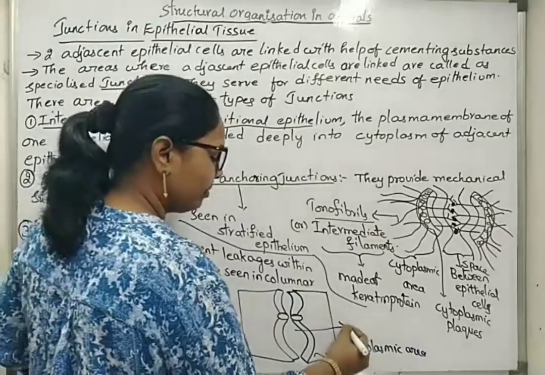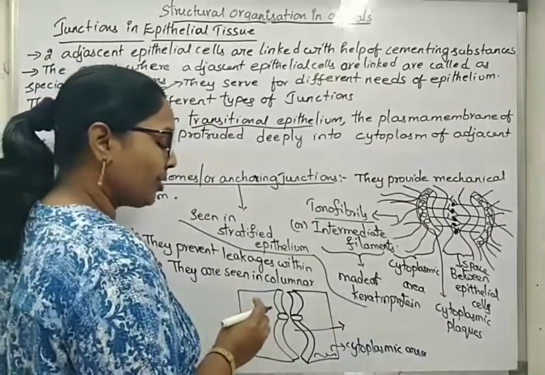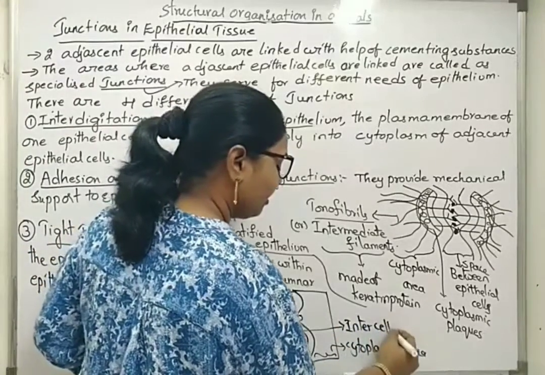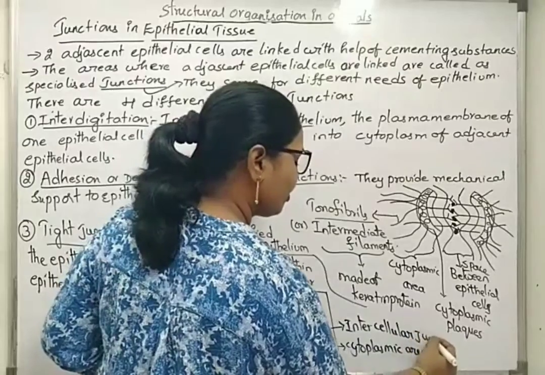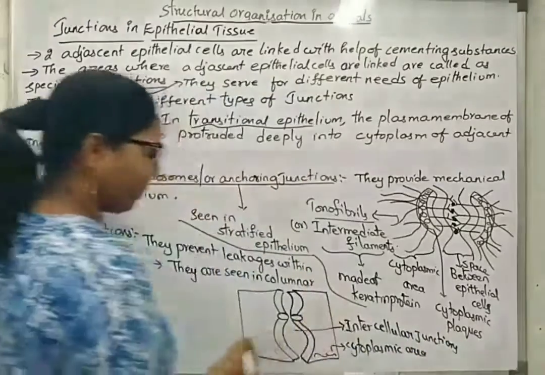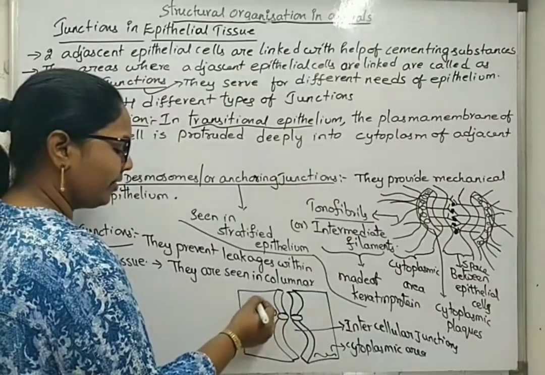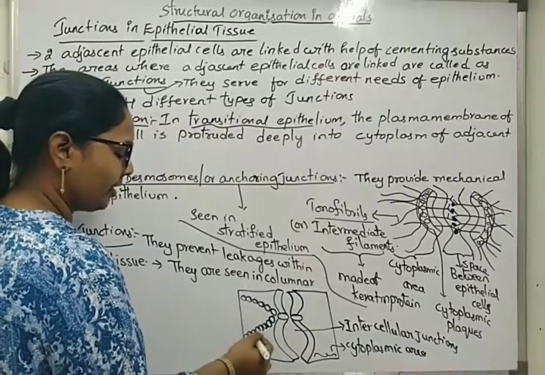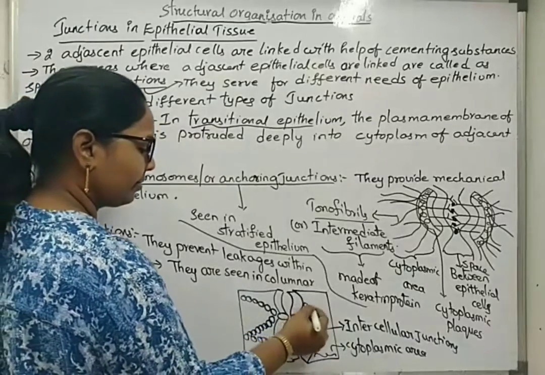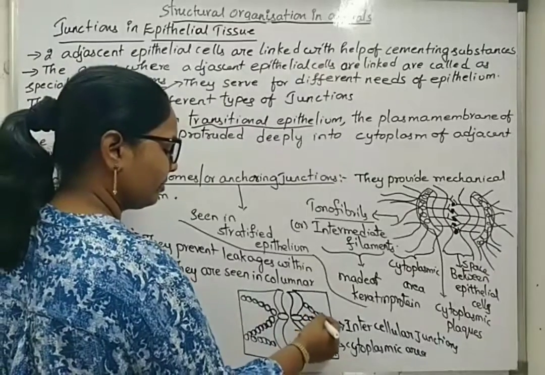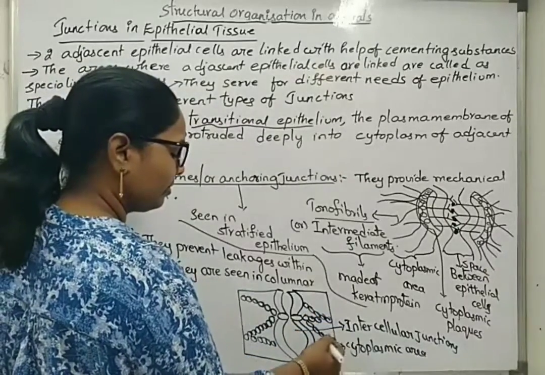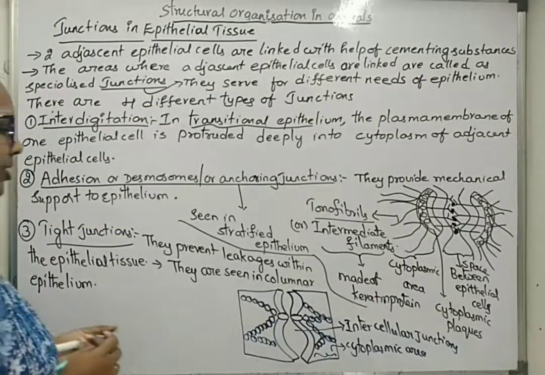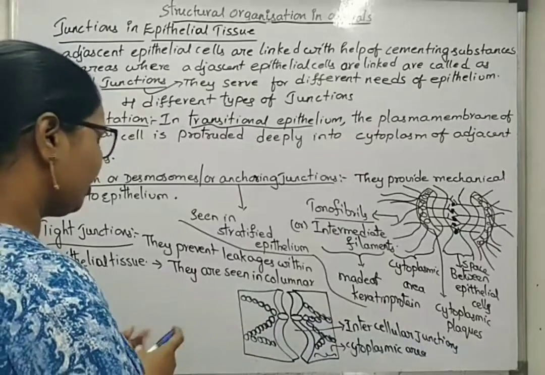This is between two epithelial cells. We also use the term intercellular spaces, or intercellular junctions. These have different types of carrier channels, cytoplasmic channels also we can say. So the arrangement will be like this in case of tight junctions, which are seen in columnar epithelium.